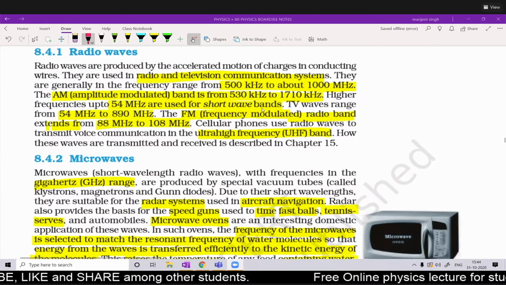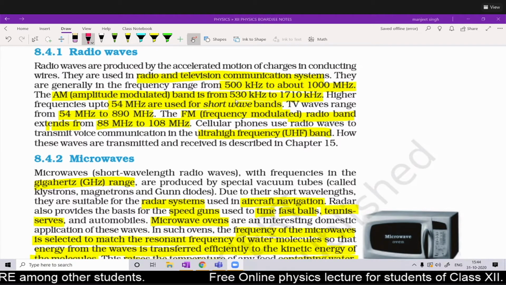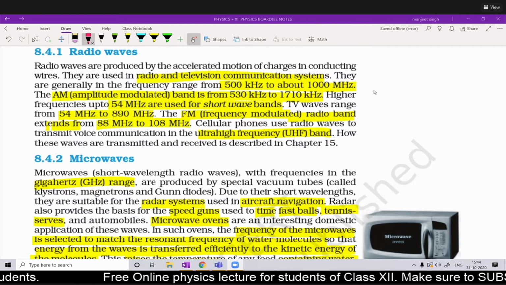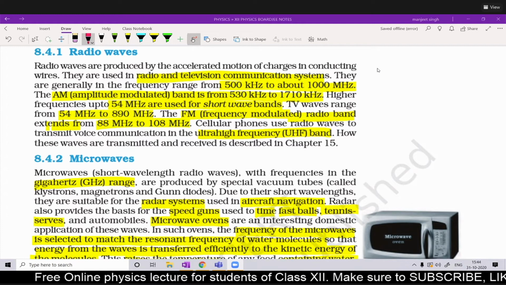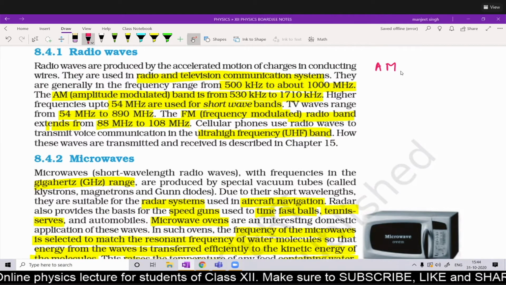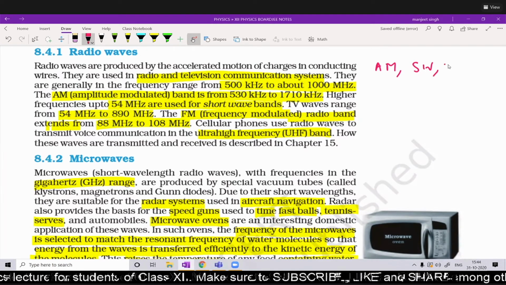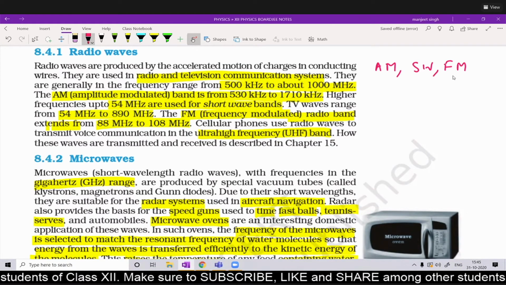Okay, a little bit of disturbance was there. Again, let us continue. So the amplitude modulated band is from 530 kilohertz to 1710 kilohertz. On earlier radios, you have seen AM, SW, and FM; these words were used. FM is frequency modulation.